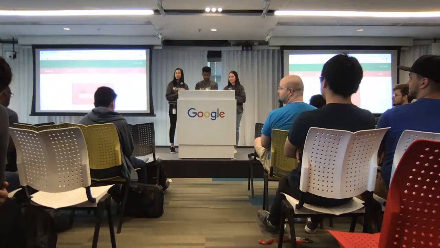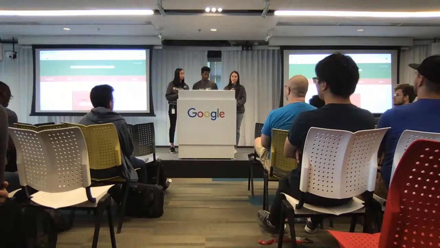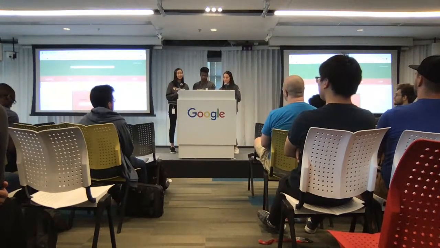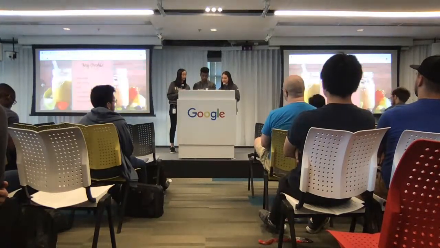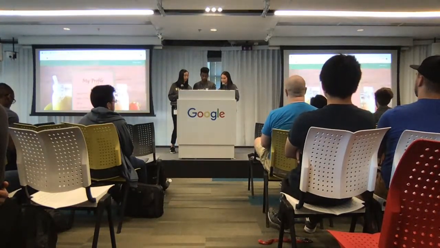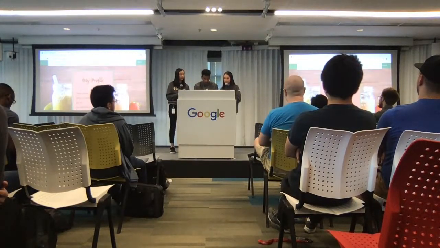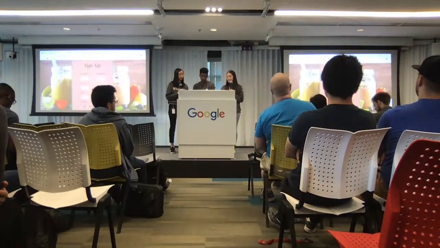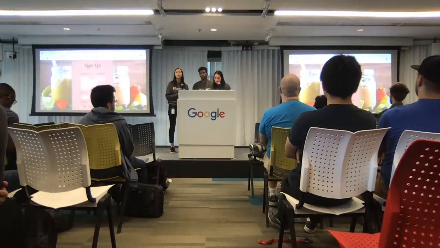How does the activity level affect the amount of calories? Okay, so the question was, how does the activity level in the profile page affect the calories? Based on the weight, height and age that you put in, you can change the activity level.